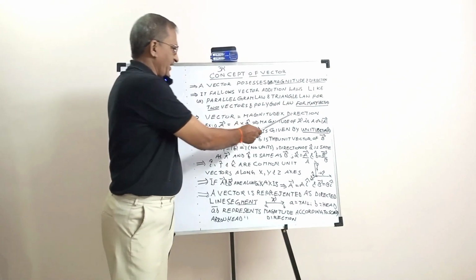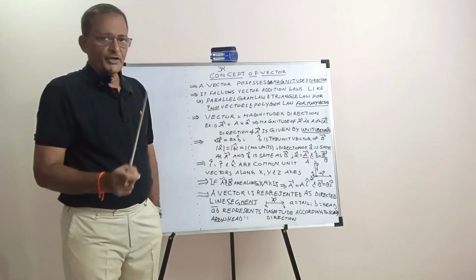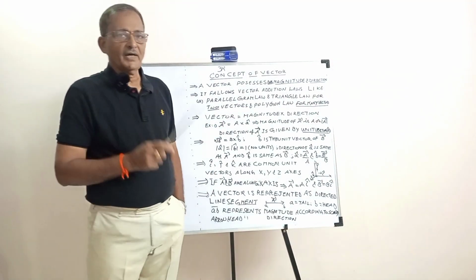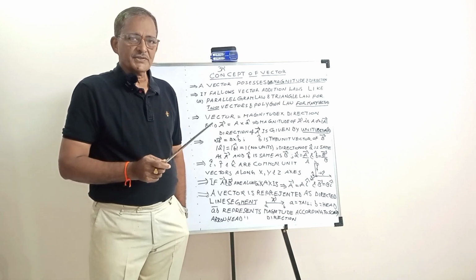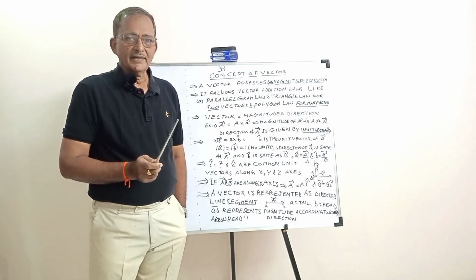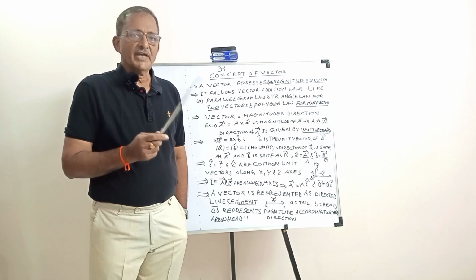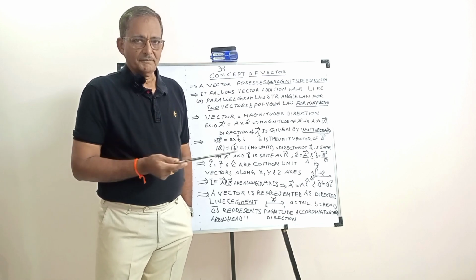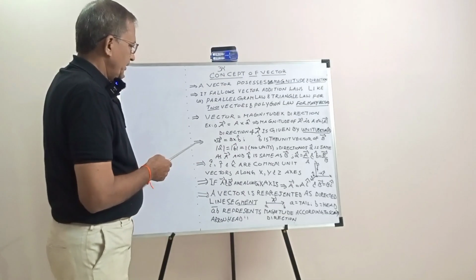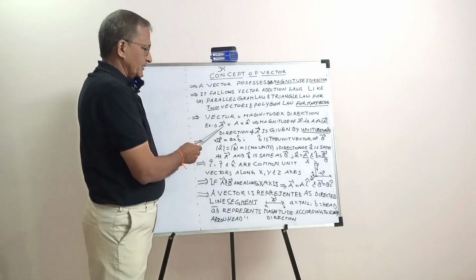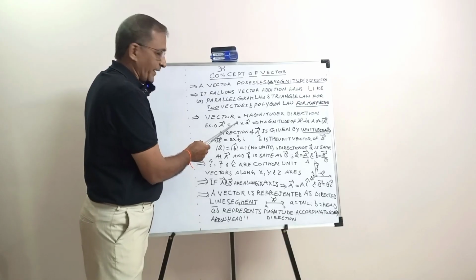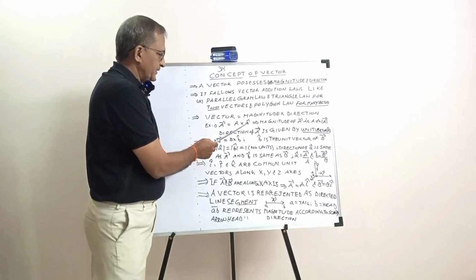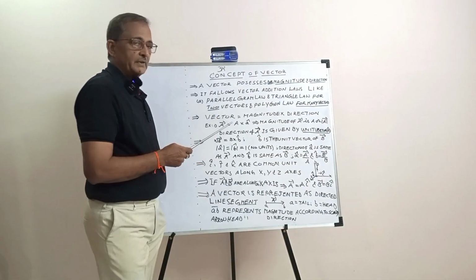For the purpose of direction, we are introducing a unit vector whose magnitude is 1 unit and its direction is the same as the original vector. For example, if you take a bar as a vector, its magnitude is a and its unit vector is a cap.